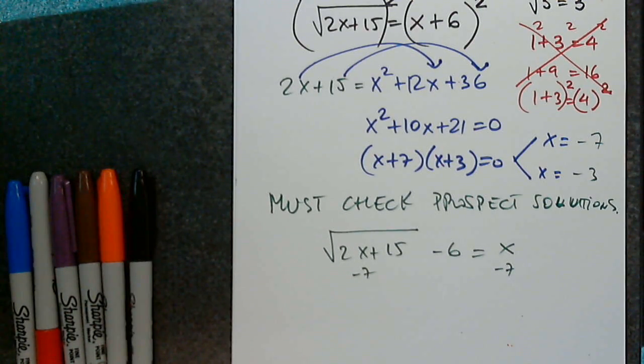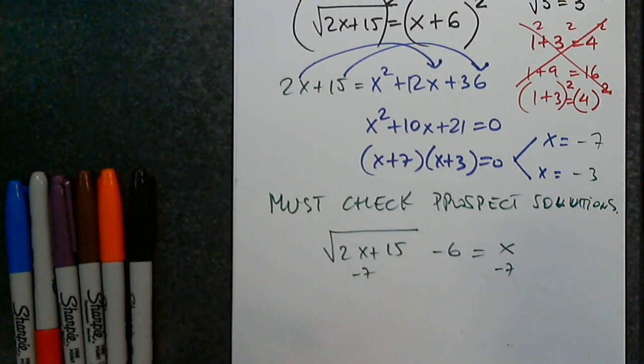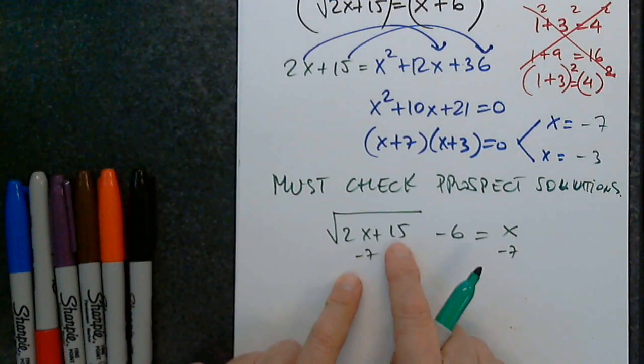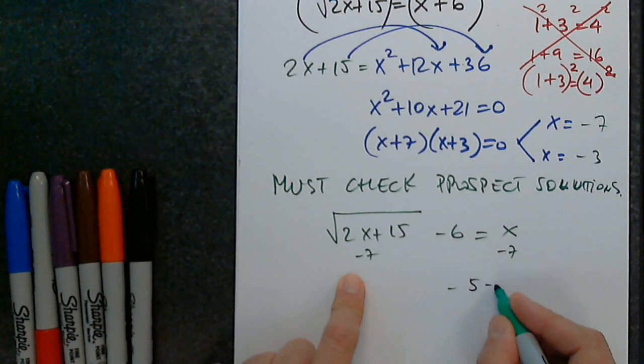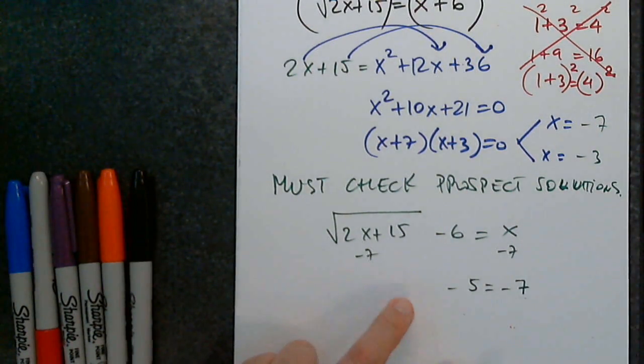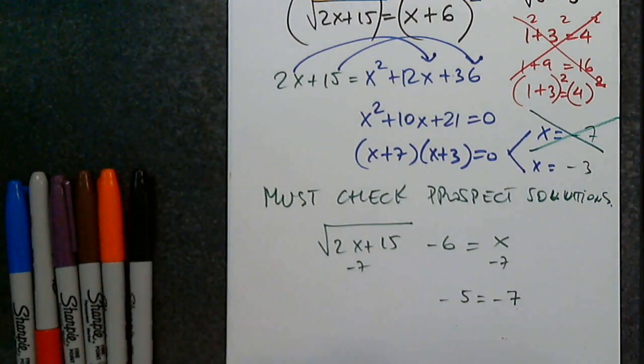The other side is negative 7. Will you accept negative 7 or say absolutely no way? So one more time: negative 14 plus 15 is 1, 1 minus 6 is negative 5. Is negative 5 the same as negative 7? Absolutely unacceptable.